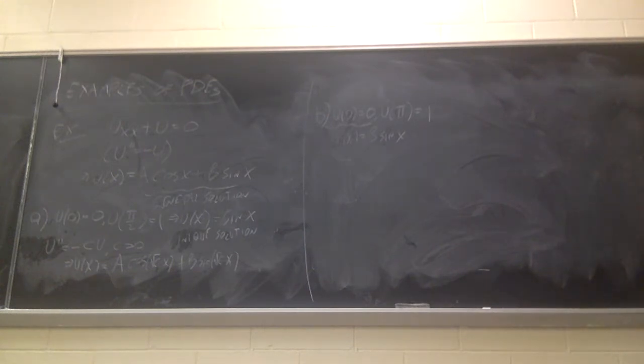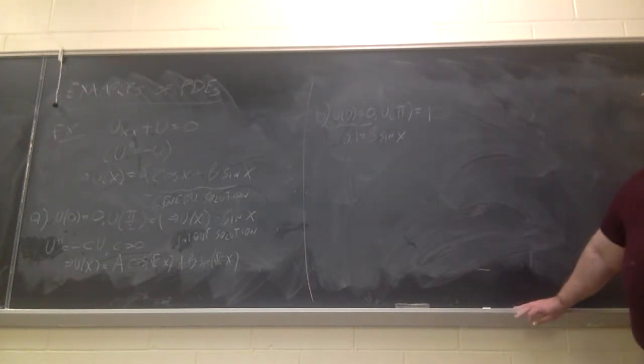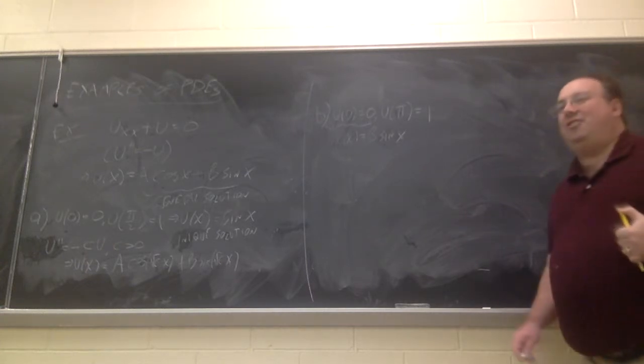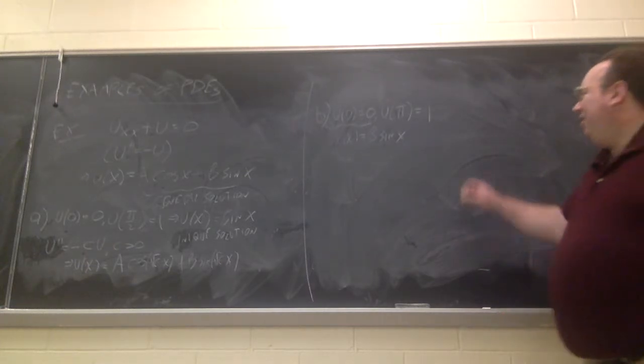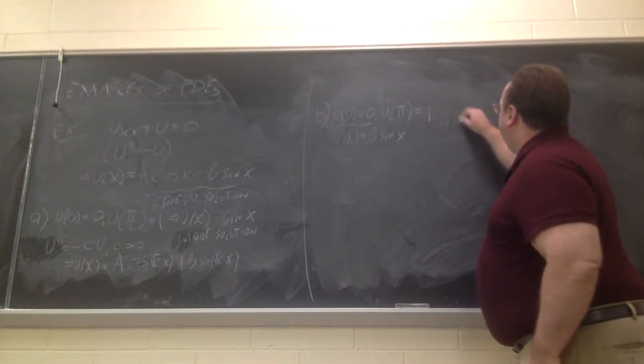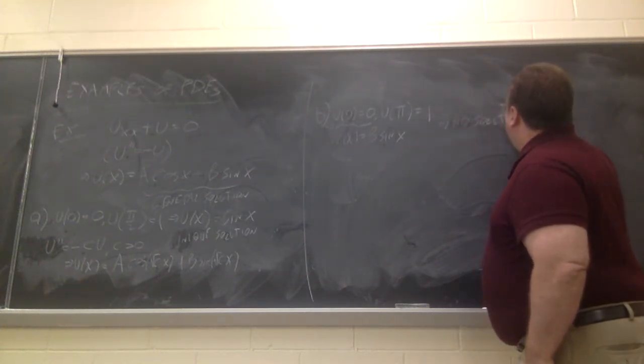So what happens when you try to make it also satisfy the other condition, u of pi equal 1? Why doesn't it work? Sine of pi is 0, and 0 times b is 0, so you're never going to make it equal to 1. So it fails the first condition. The solution does not even exist.